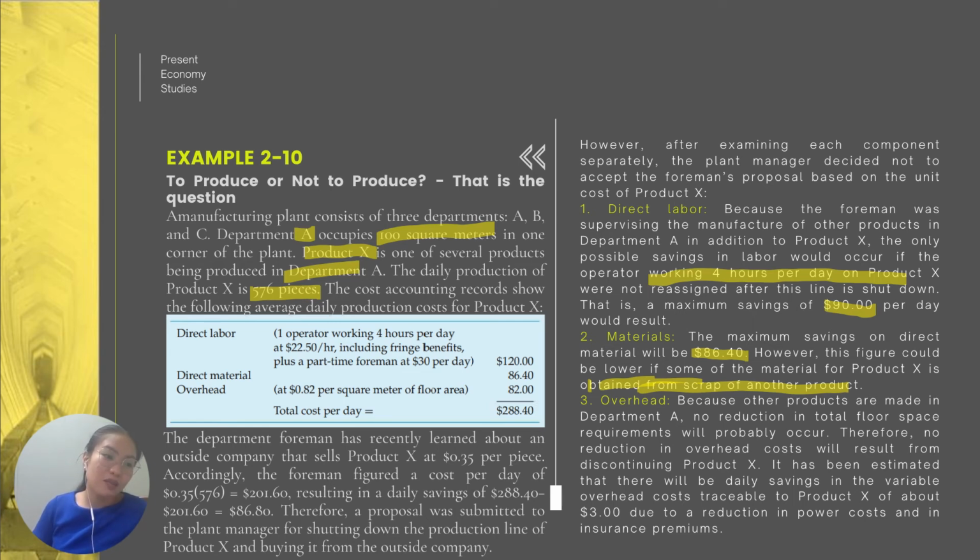It has been estimated that there will be daily savings in the variable overhead costs traceable to product X of about $3 due to a reduction in power costs and in insurance premiums. Okay, so that's it.